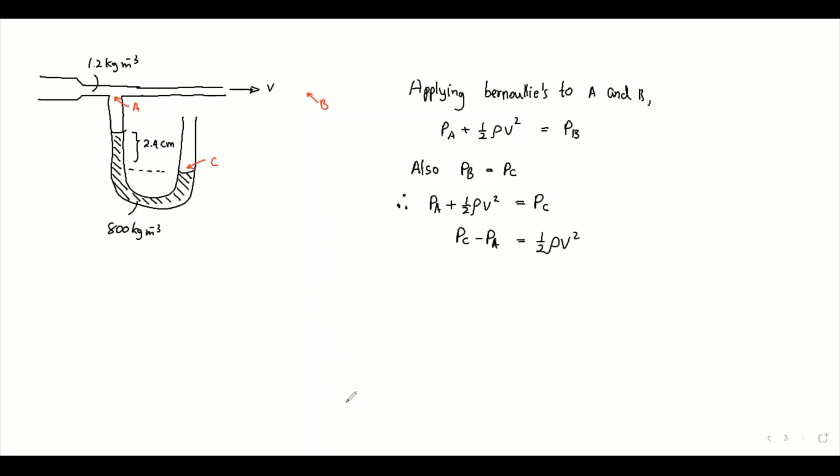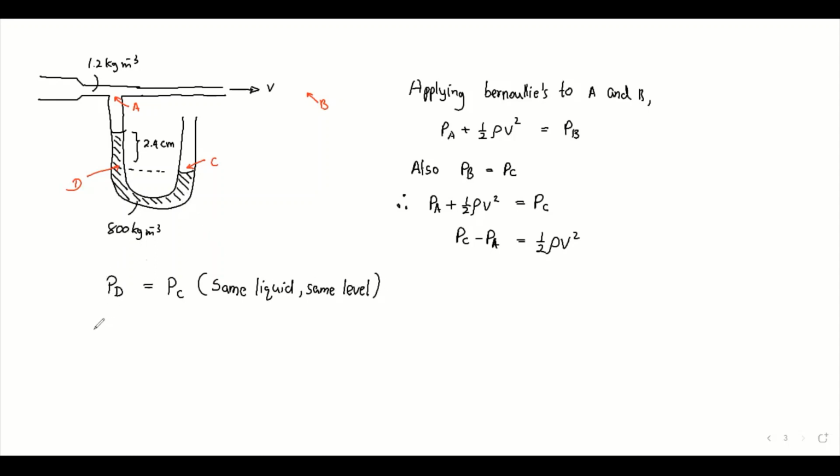Right, so I'm going to take another point. Let's call it point D. At this point D, we can say that the pressure at point D is equal to the pressure at point C. The reason for this is the same liquid, same level. So you need to write this as well, right?